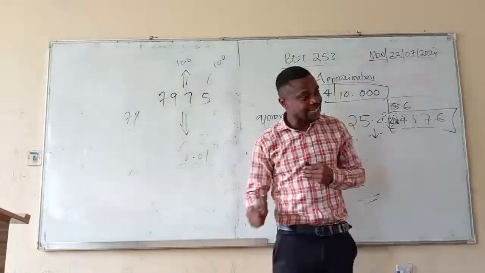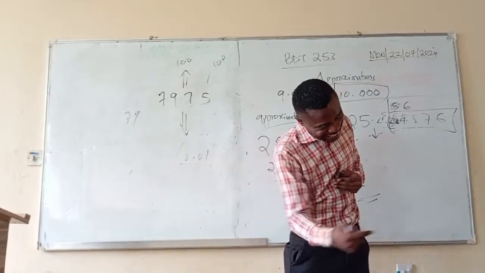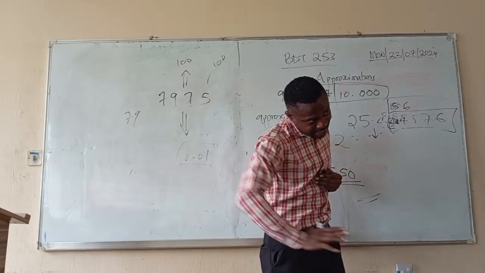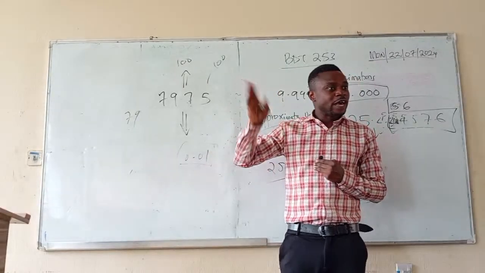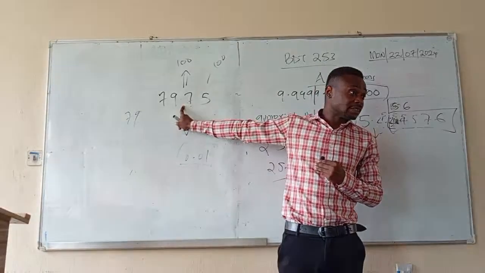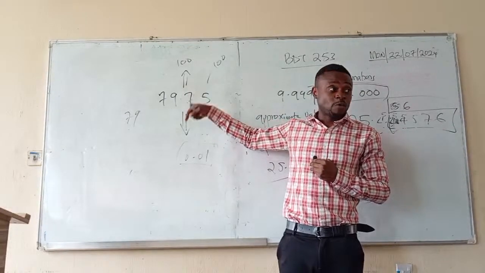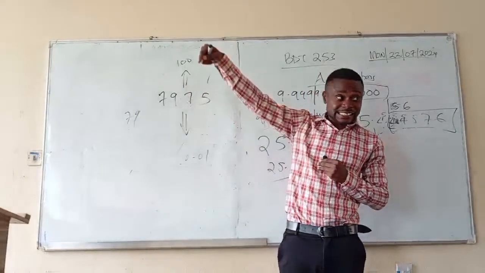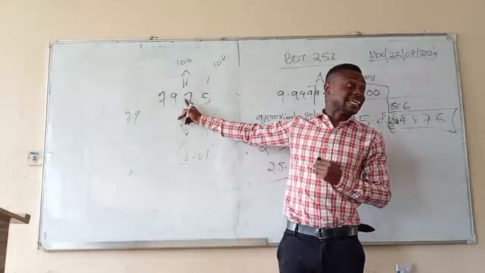Now I ask a second question, to the nearest hundredth, and it brought a confusion. Some people were telling me other numbers. I told them that this number is already in 100. So to make it clear, I asked another question. I asked you to leave it in nearest tenth, and you told me the nearest tenth is what? Realize that you don't need to touch it again.